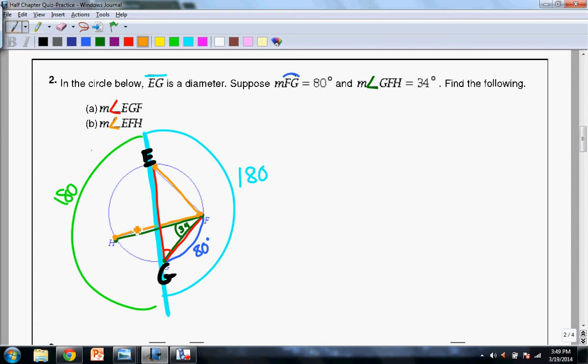But instead of staying focused on those two angles, I recommend you just ask yourself, what can you find and what can you do? For example, if you have this 80 here, you know you can at least find this, which is 80 from 180, that's at least 100.